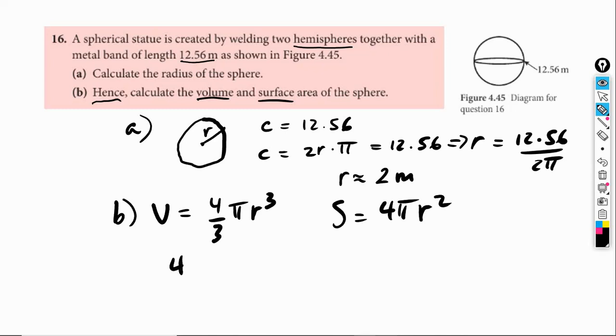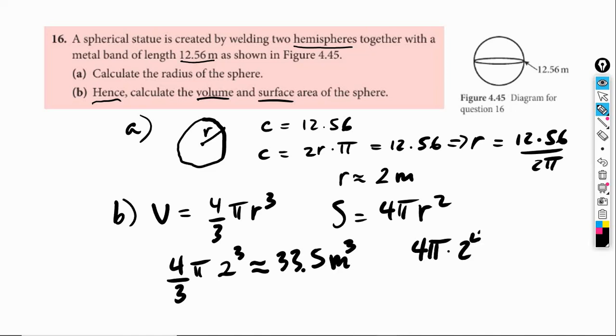So we'd get 4/3 pi 2 cubed, and that is approximately 33.5. Don't forget the units. So this would be meters cubed because we're talking about a volume. And then for the surface area, it would be 4 pi times 2 squared.